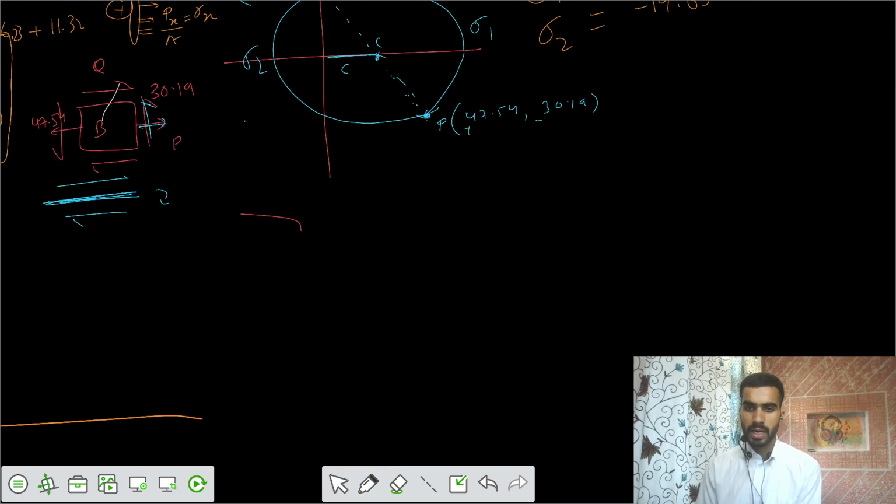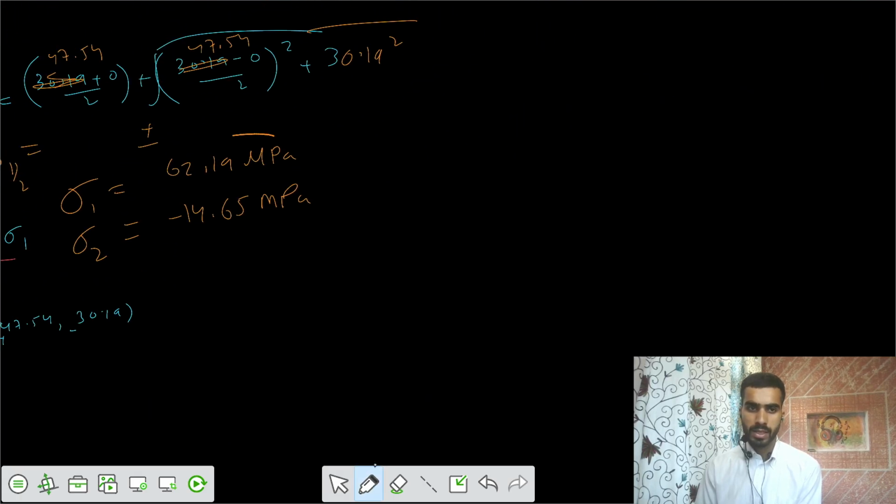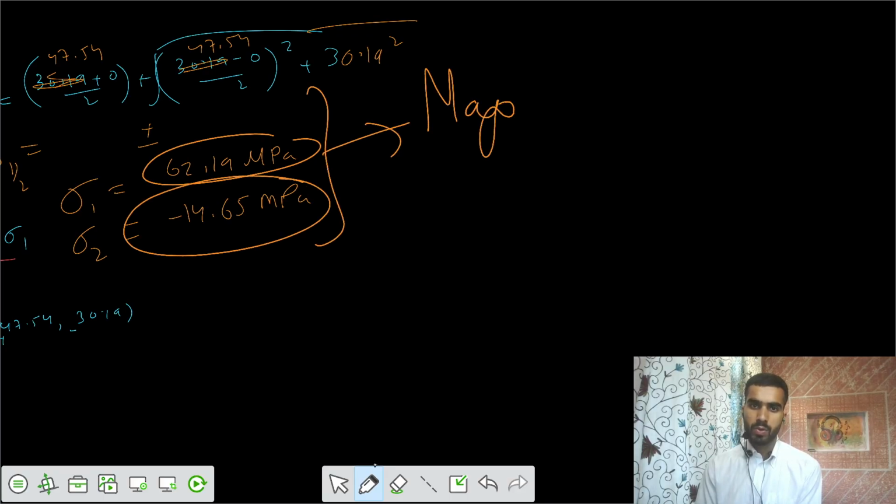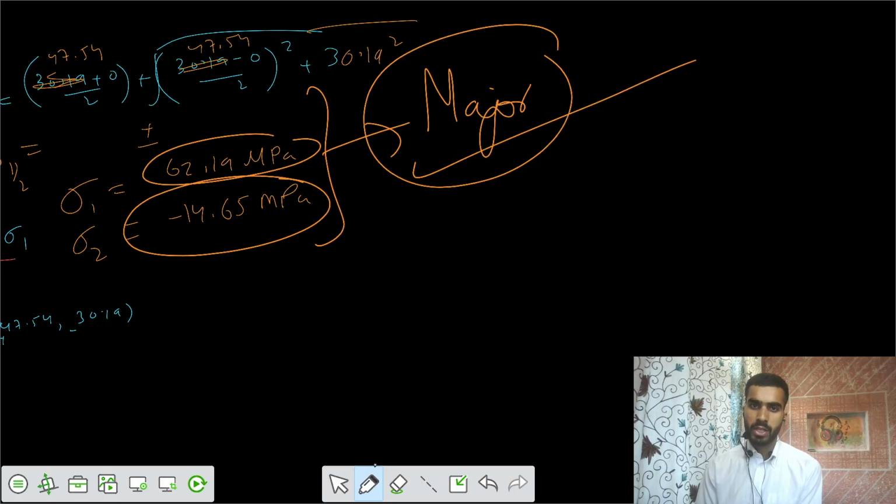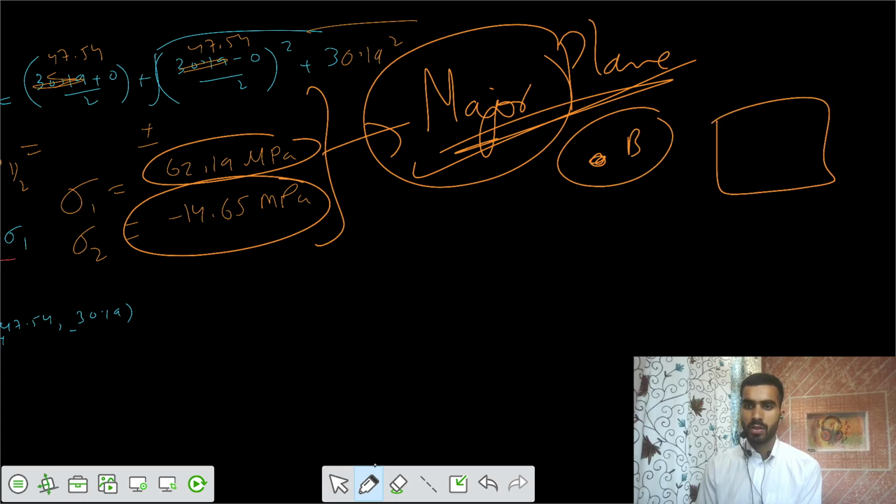But on this side, you got major value 62 and 14. That means this is your major, out of those two, this is your major plane. I would say point B is having major stresses sigma 1 and some sigma 2 also on two different perpendicular planes.